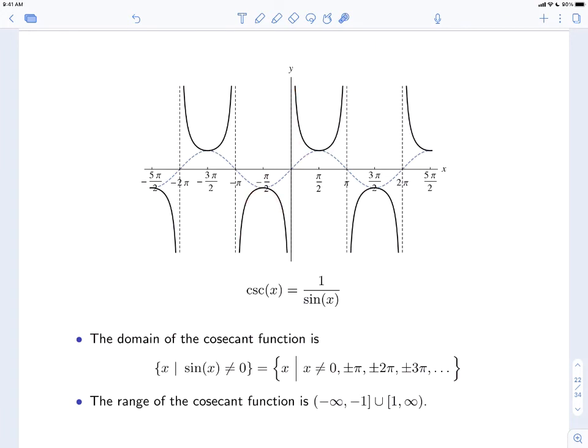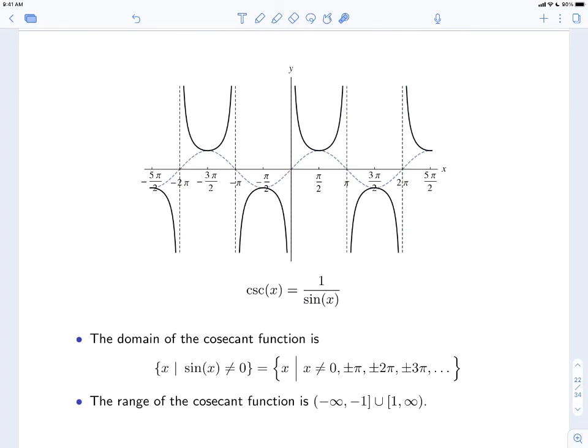We have vertical asymptotes every place that sine crosses the x-axis. So this dashed curve here is y equals sine of x, and it crosses the x-axis at 0, pi, 2 pi, every integer multiple of pi. And at every integer multiple of pi, you're dividing by 0, so you get a vertical asymptote.